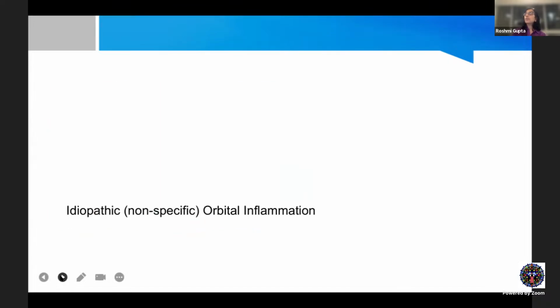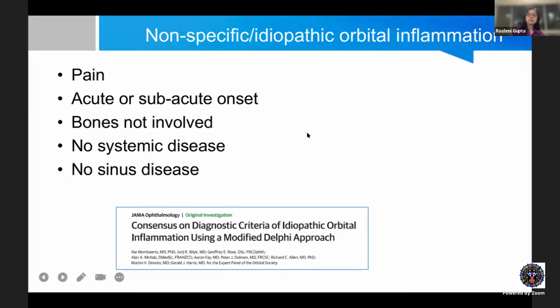So now that we've talked about the common specific orbital inflammations, now we come to the non-specific orbital inflammations. As we said, the pool of the non-specific orbital inflammation is shrinking.